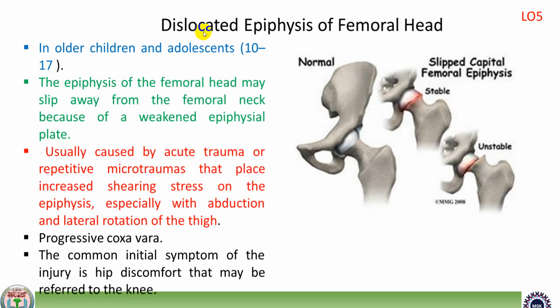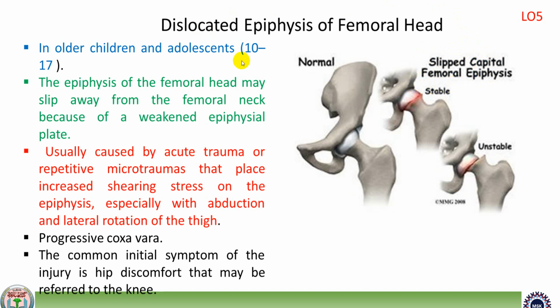Another problem is called dislocated epiphysis of the femoral head. Its other name, the one more commonly used in books, is slipped capital femoral epiphysis. This is the name of the dislocated epiphysis.